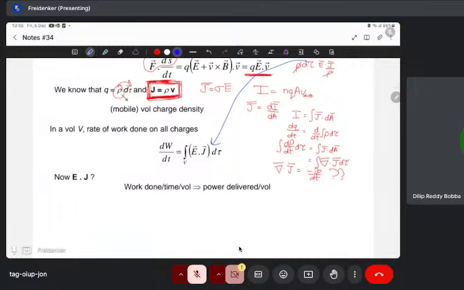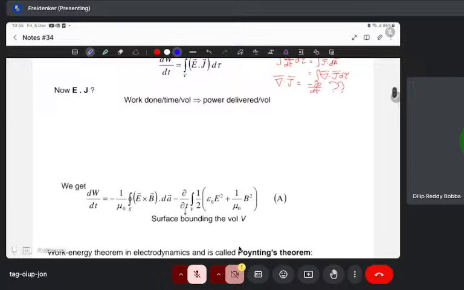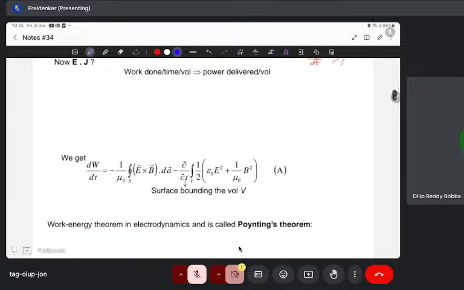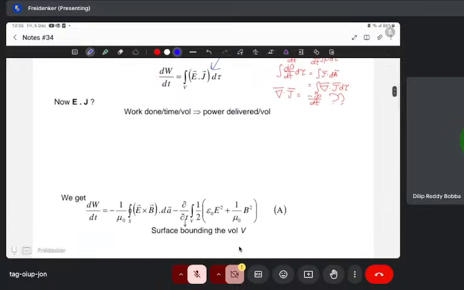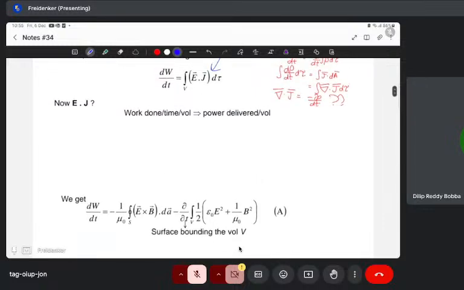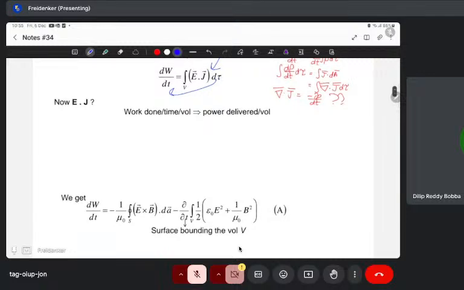Where are we going with this? If they send the volume to the other side, it becomes E dot J, right? So work done per unit time per unit volume. They're telling power. Work done per unit time is power. So power delivered per volume.